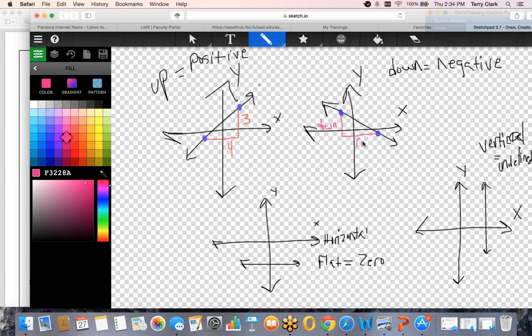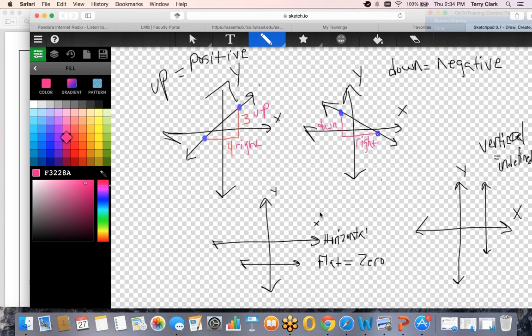Now notice, whether we're going up or down, we're going to the right. So your bottom number is always going to be positive, because here we went 4 right, and we went 3 up.